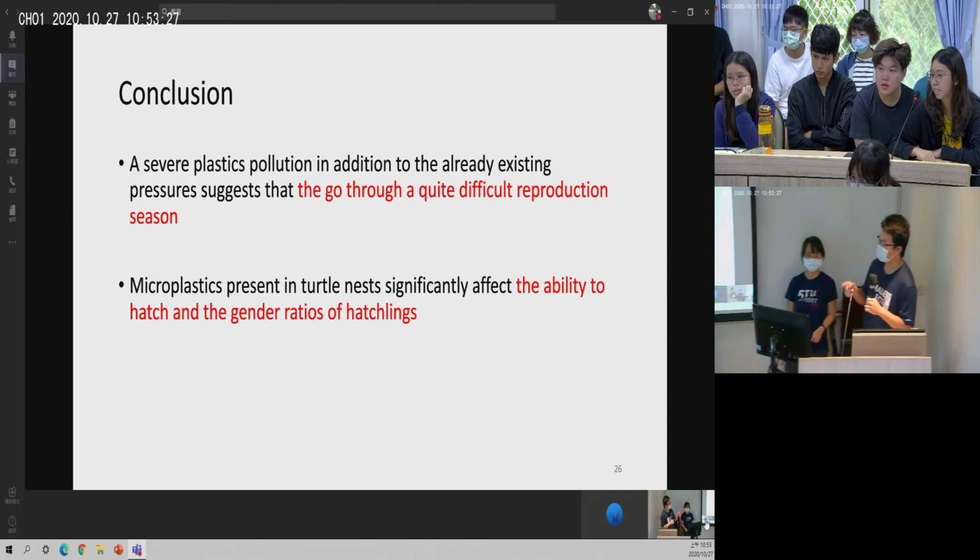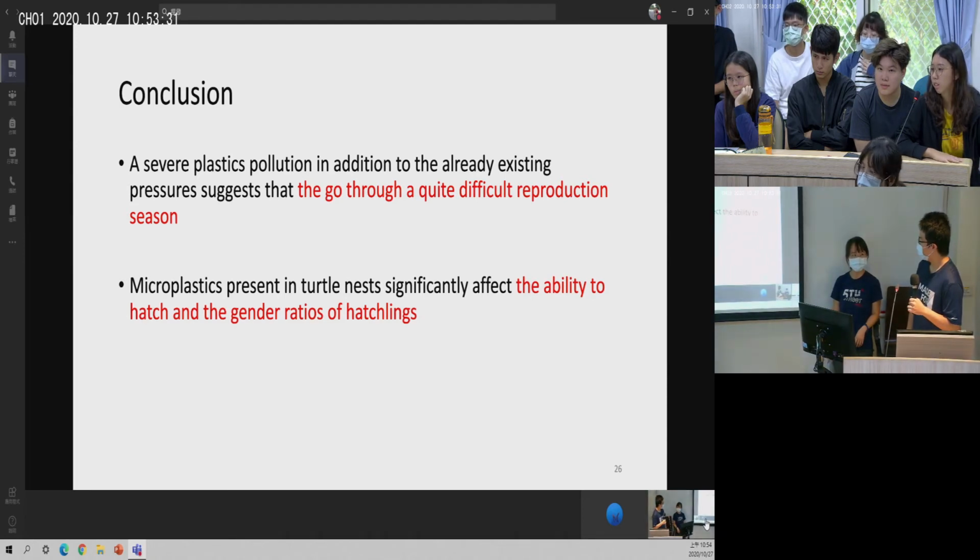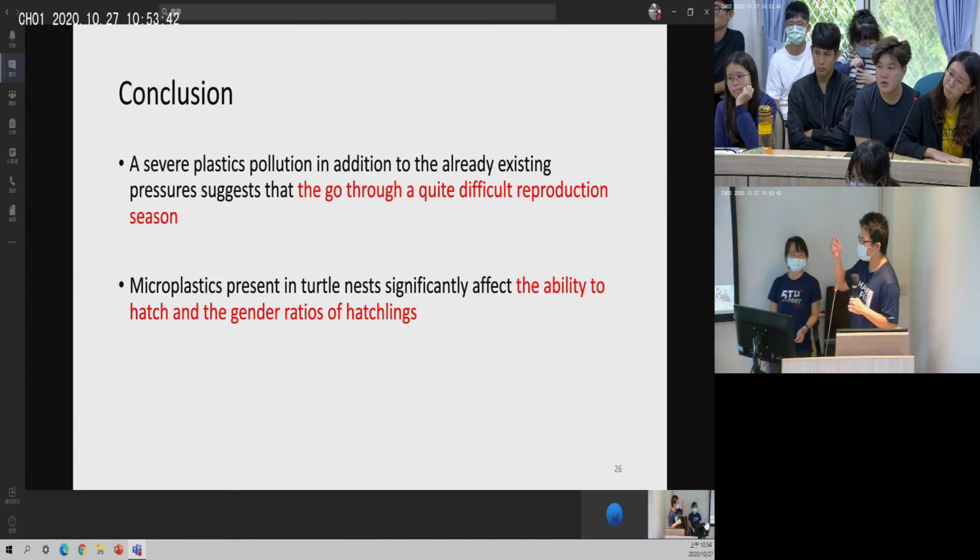Did you measure microplastic? Microplastic, not plastic. Oh, I didn't mention it, but the paper has said the plastic will break down into microplastics, but I didn't put it on the paper.